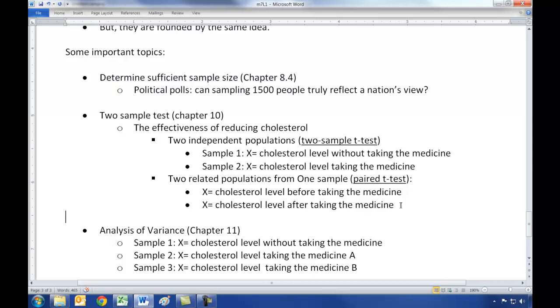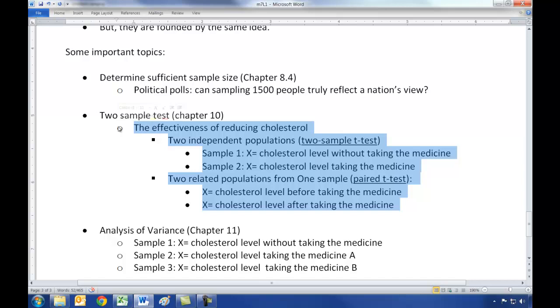And again, I will look at the two associated density functions to see whether or not they are identical to each other. But for both cases, if the two density functions are identical to each other, then we need to conclude that the medicine is not effective.